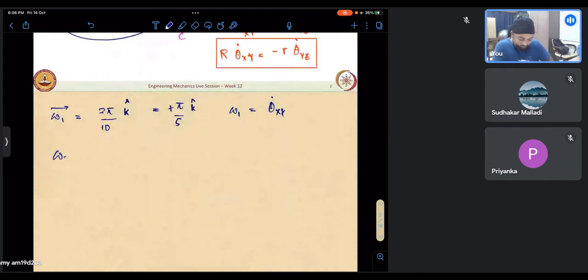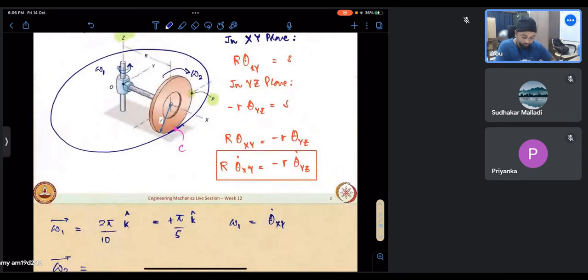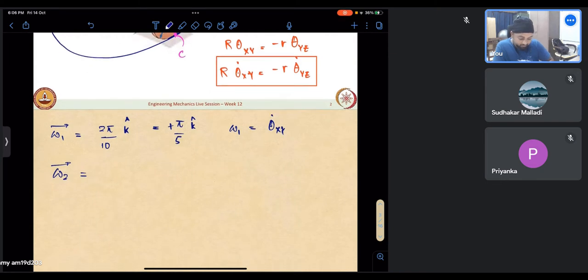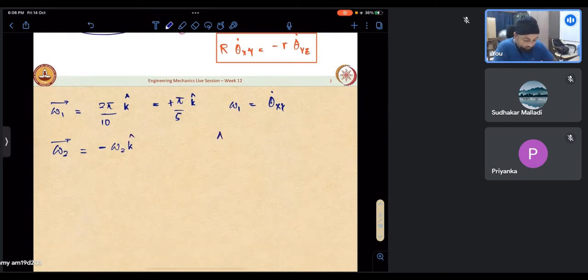So our omega 2, we can see that when omega 1 is positive, omega 2 will be into the YZ plane, which will have a negative axis. Also, our omega 2 is nothing but theta YZ dot, from the geometry of the problem.